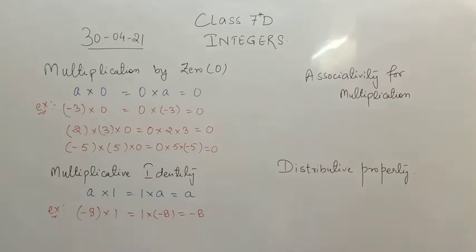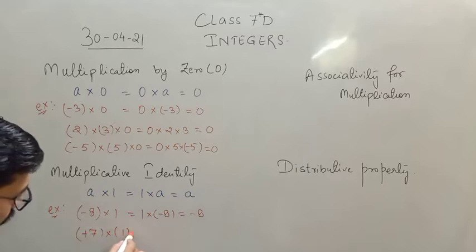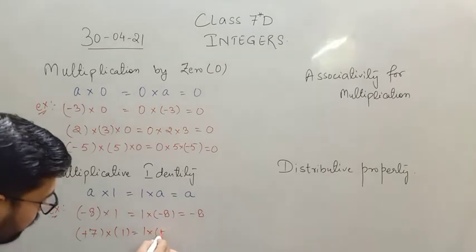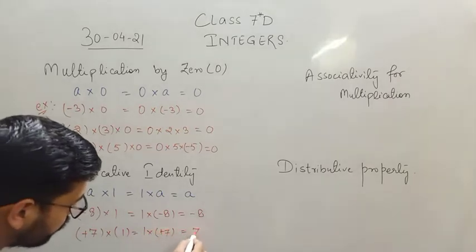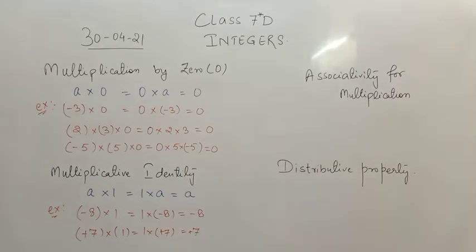Similarly, let's say you can take a positive integer, let's say 7. When multiplied by 1, or 1 is multiplied by +7, the result comes out to be +7. Any doubt in this? Okay. In this way, you can take n number of examples. So this is the general case, and these are the examples.